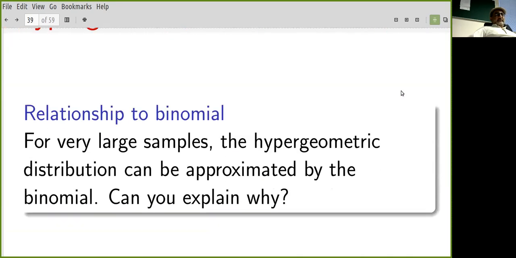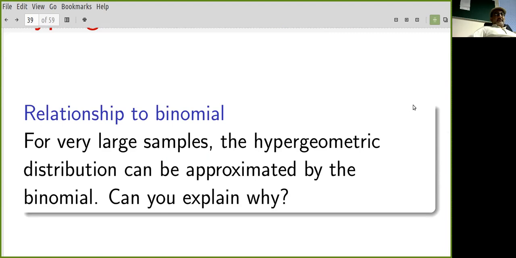Okay, for very small samples, sorry, not the opposite of very small, for very large populations, the hypergeometric distribution can be approximated by a binomial. So if capital N is equal to 3 times 10 to the 26, you may as well just be using the binomial distribution rather than the hypergeometric.